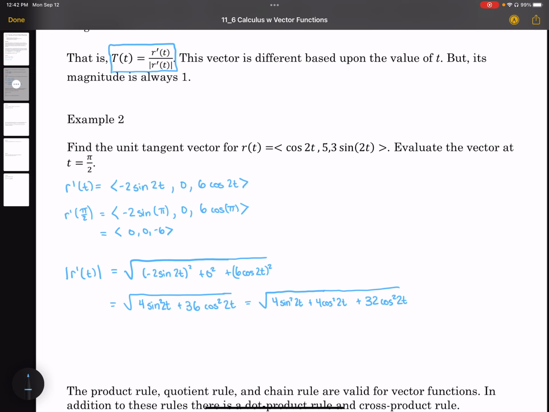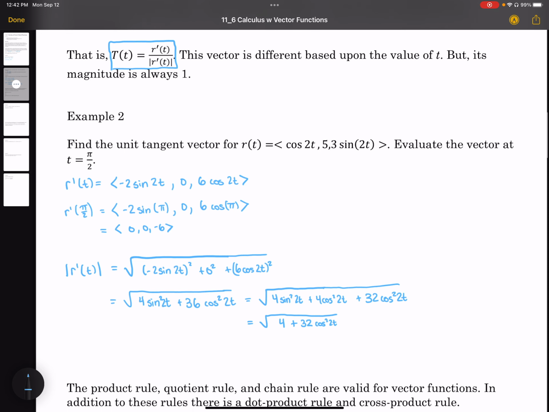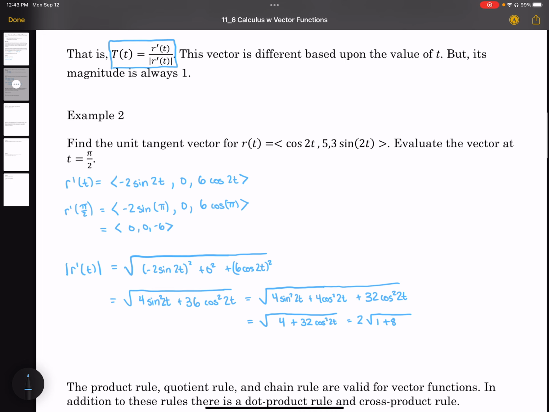So 4 sine squared plus 4 cosine squared is going to be 4. So this is going to simplify to be the square root of 4 plus 32 cosine squared 2t. And if we keep going, we can factor a 4 out of the square root, which means that we would get 2 times the square root of, so we took a 4 out, so that's going to be 1 plus 8 cosine squared 2t.